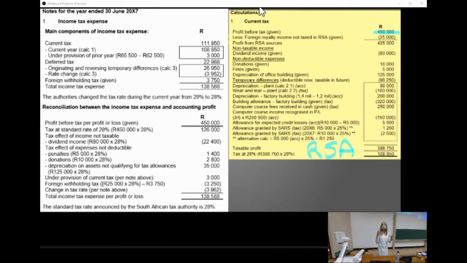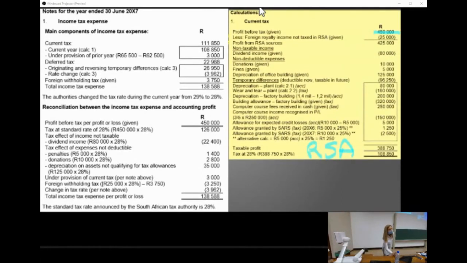So the 450 now includes my foreign income that I received. Do you agree with that? Because that's an income that I received. It should reflect in my statement of comprehensive income. It will be part of my accounting profit. However, I'm not going to pay South African tax on that amount.